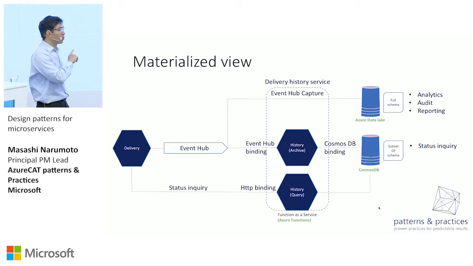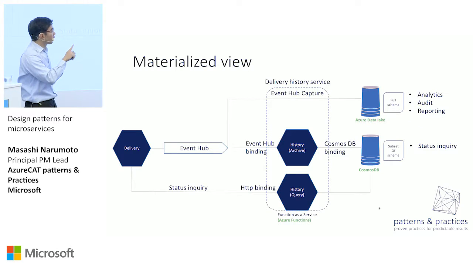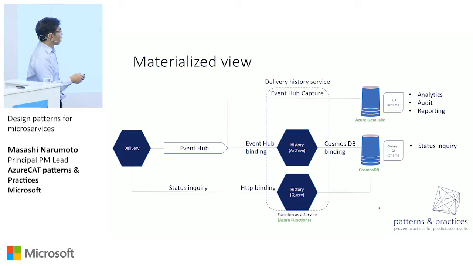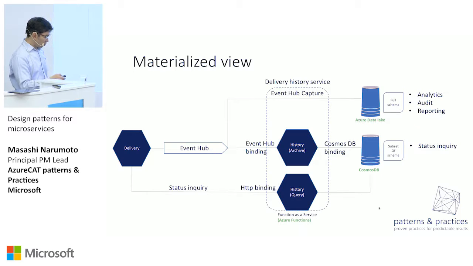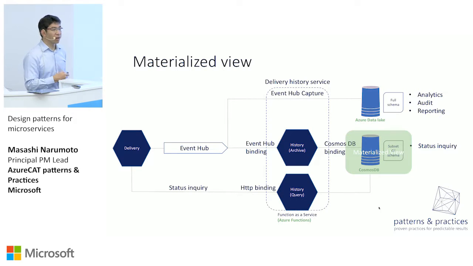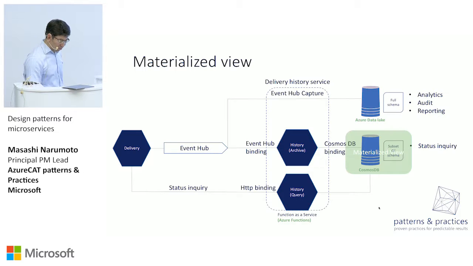So only timestamp and the status, instead of saving everything here. This guy has all the details about delivery history, versus this guy has only timestamp and status to answer the status inquiry request. This is what we call the materialized view.